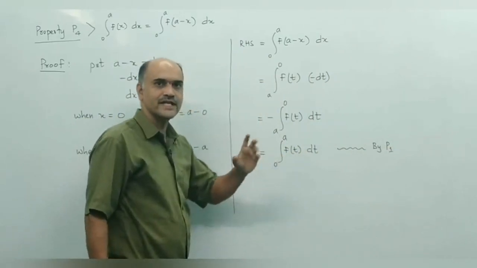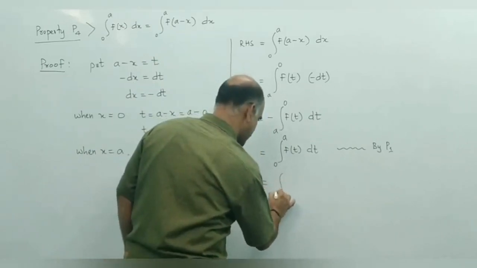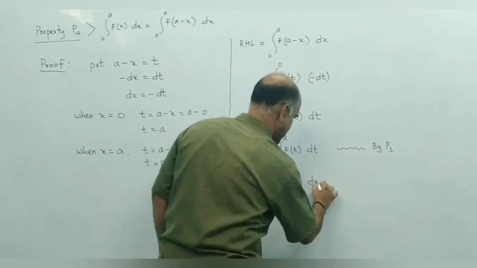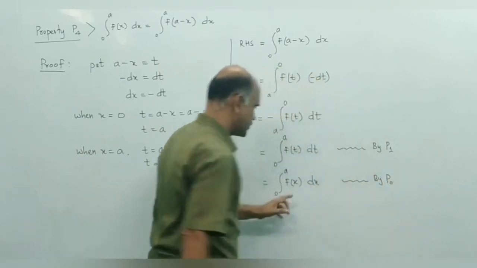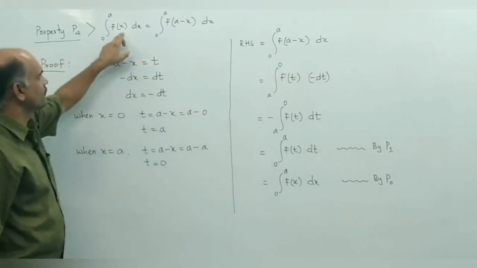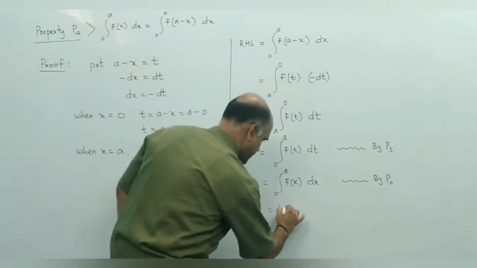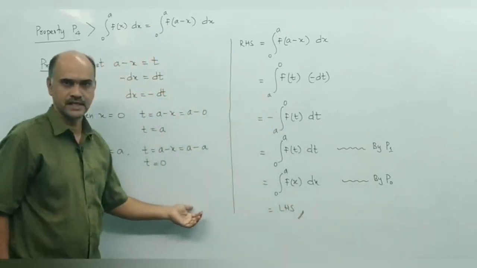In place of t, if there is x, the value remains the same. So 0 to a f of x dx. If you observe, 0 to a f of x dx is nothing but our LHS. So this is equal to LHS.